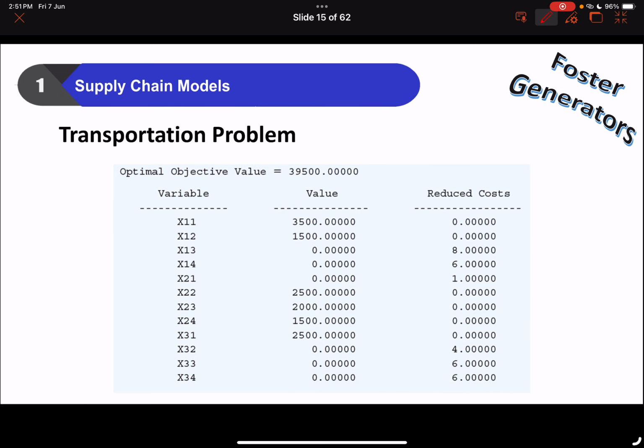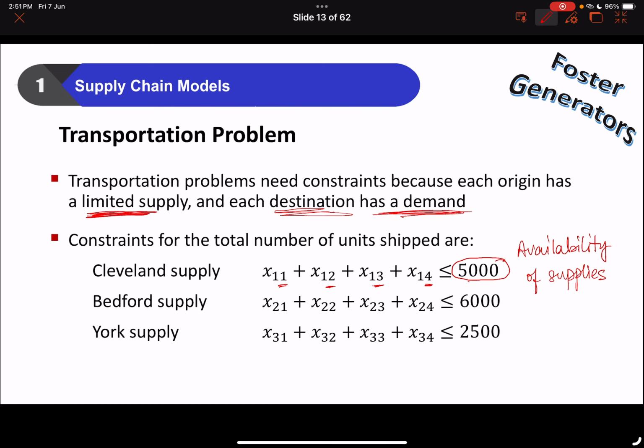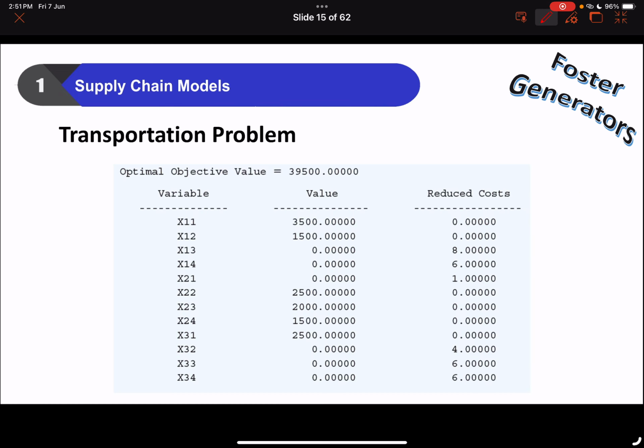When we run the transportation problem through a computer program or software, this is a typical, generic computer output. From here, we can see that the optimal objective value is 39,500.